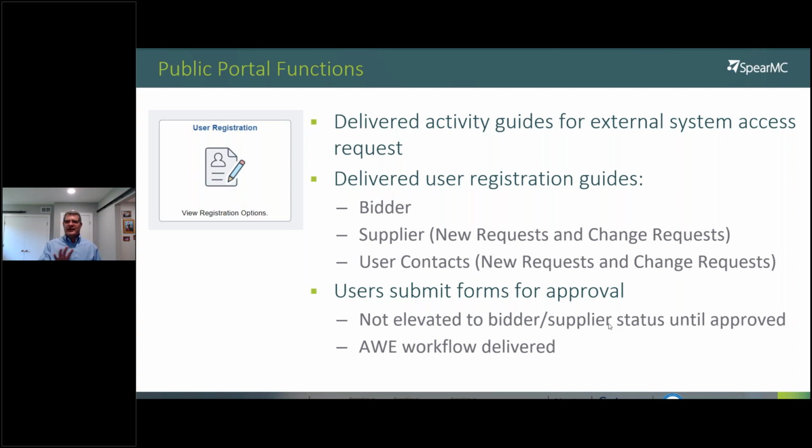Unfortunately, the financial sanctions check doesn't work directly with the component interface. So what we've done with our customers that have gone with the supplier registration request and approval process is we run financial sanctions on a nightly basis for all new suppliers that have been added throughout the day.